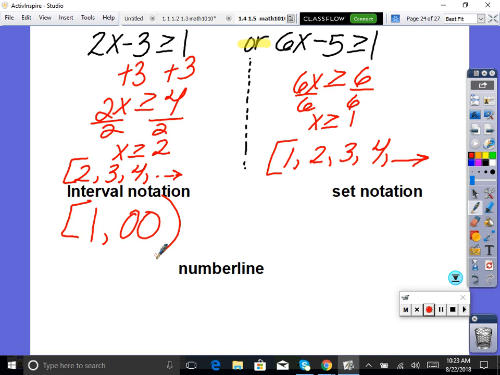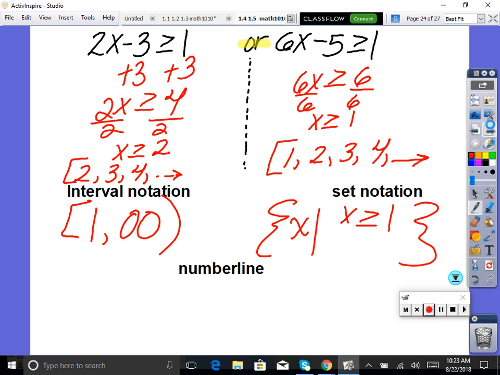That includes everyone, doesn't it? Cool. Set notation. Or gets to stay apart. X such that x is, oh, but this one, we don't write out both of them, right? Because we have 1 to infinity. So our final answer will say x values greater than or equal to 1. And on a number line, we get how to draw the number line, don't we? Go to 1, drop to infinity.